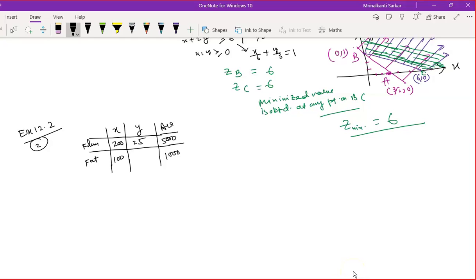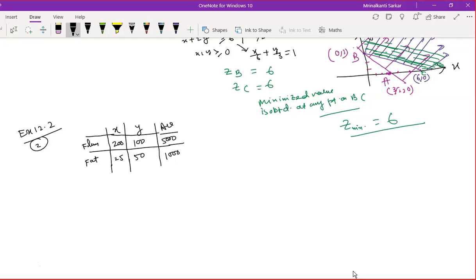So y requires 100 grams for each cake. And fat required for the first type of cake is 25 grams, and this one requires 50 grams of fat.